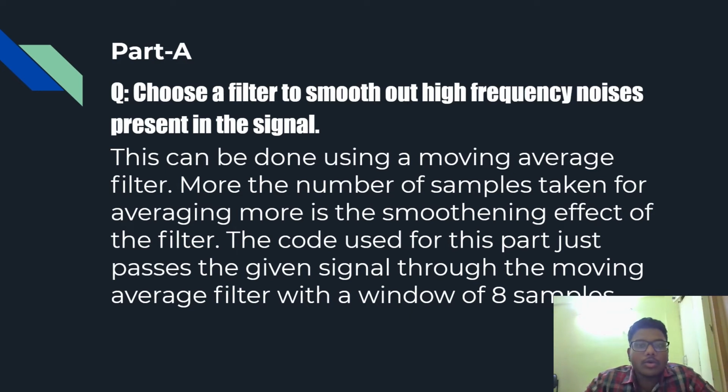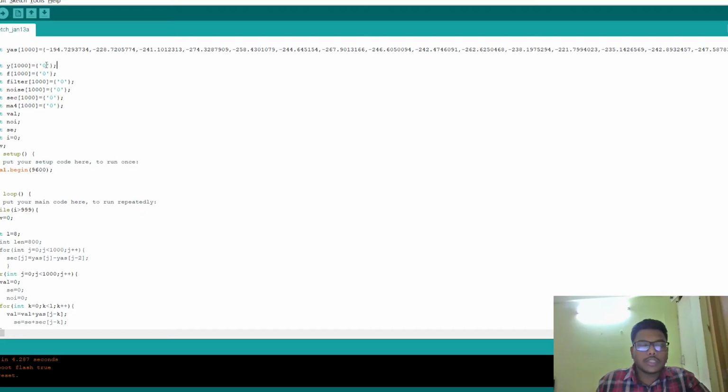So coming to the code part, this is the Arduino code we will be using. Here we will be declaring the initial array of 1000 samples.